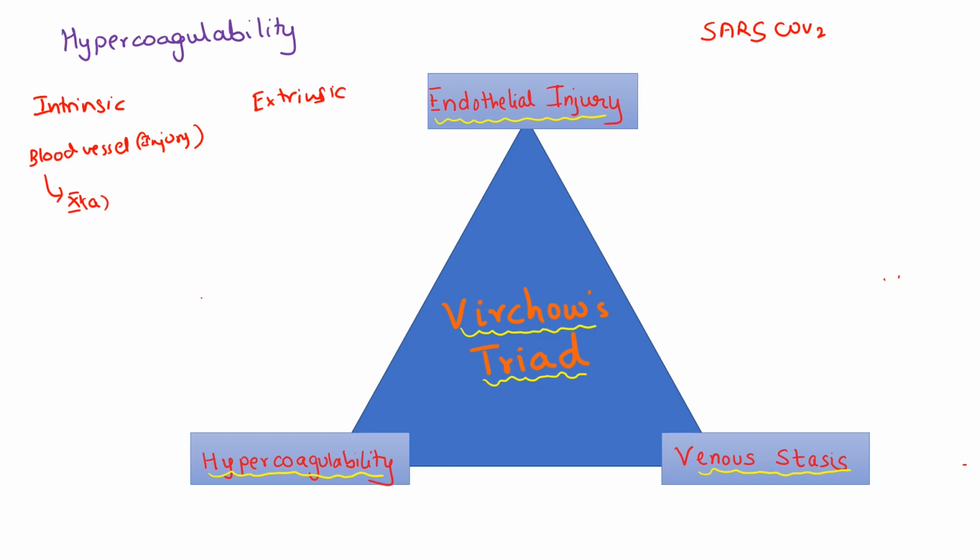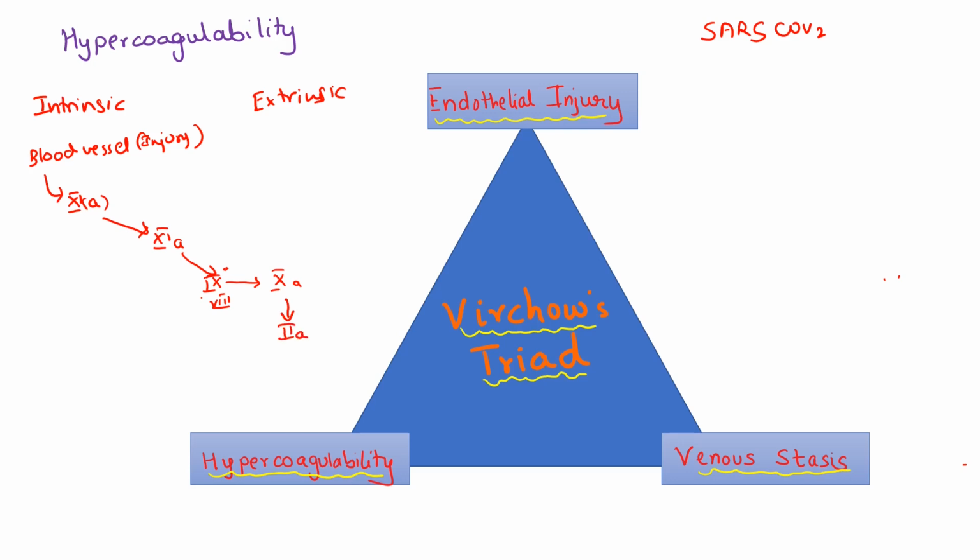This on activation causes activation of factor 11. This then causes activation of factor 9. This in presence of factor 8 causes activation of factor 10. Now the activated factor 10 mainly causes activation of factor 2.